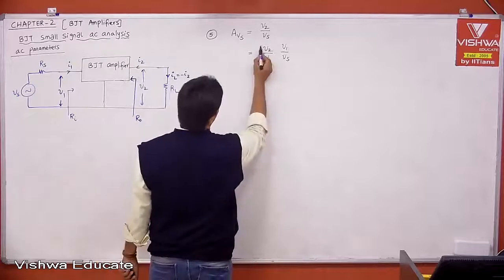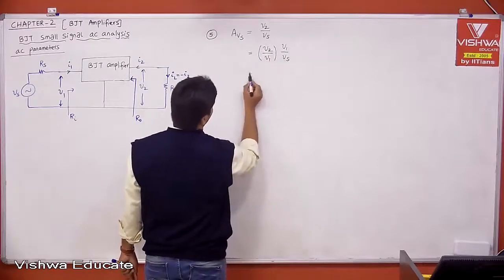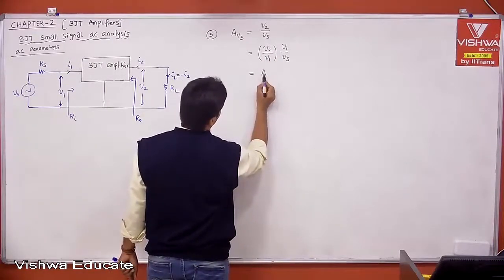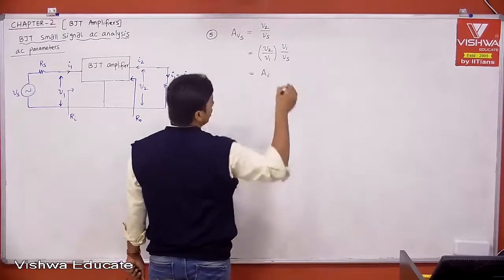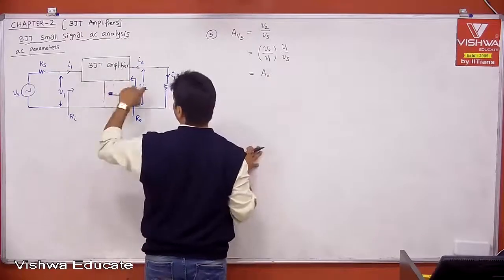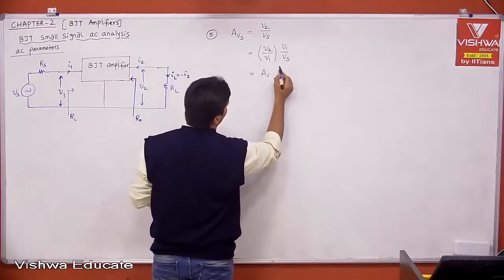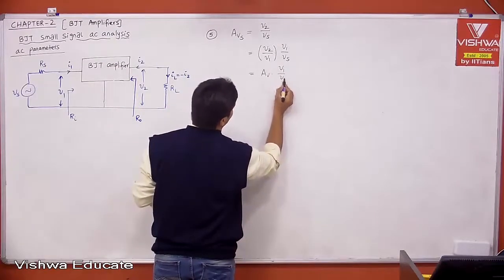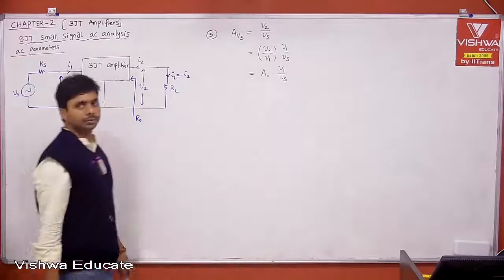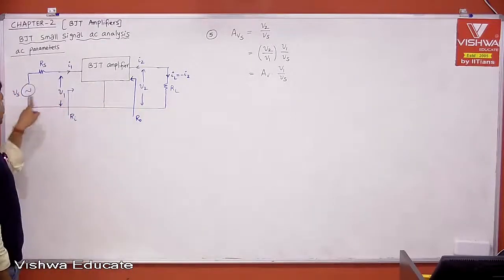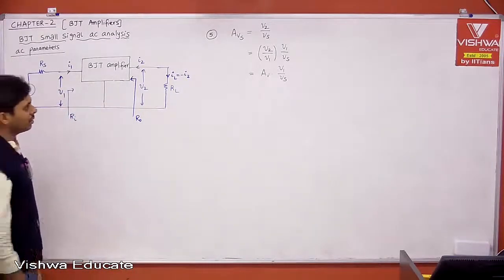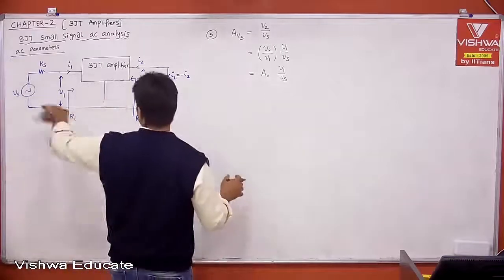Therefore, we already know V2 by V1. That is nothing but your voltage gain, which you already calculated, the BJT amplifier core gain, V2 by V1. Now we need to know V1 by Vs. If you know V1 by Vs, the problem is over. Therefore, what is V1 because of Vs? Now, let me model only the input part.